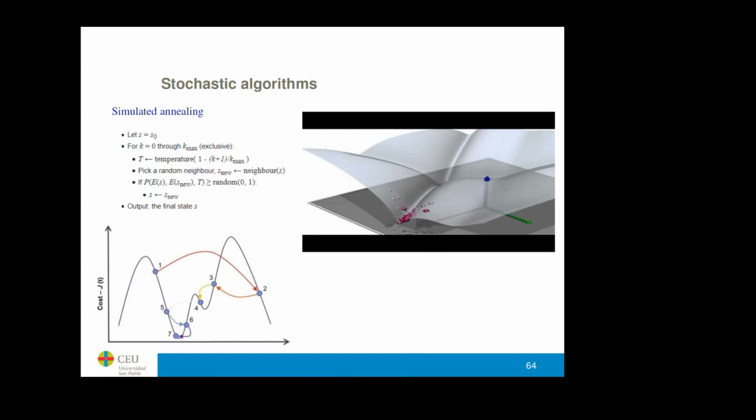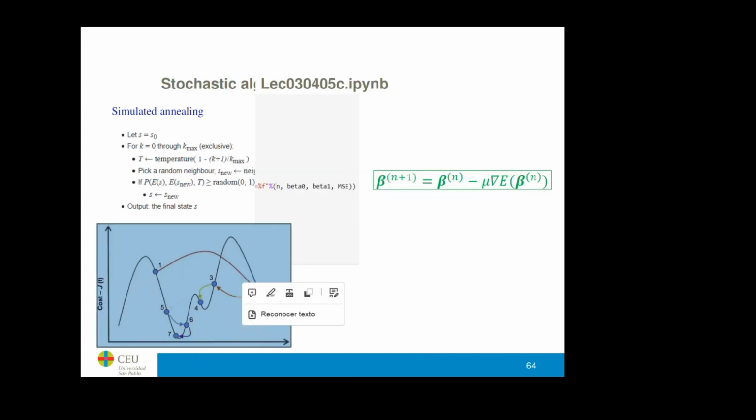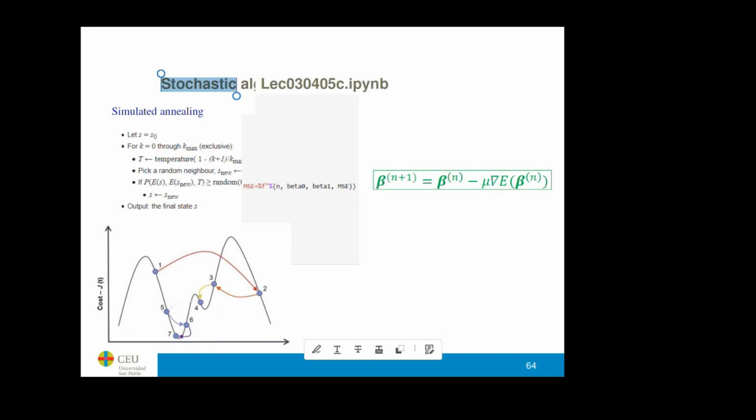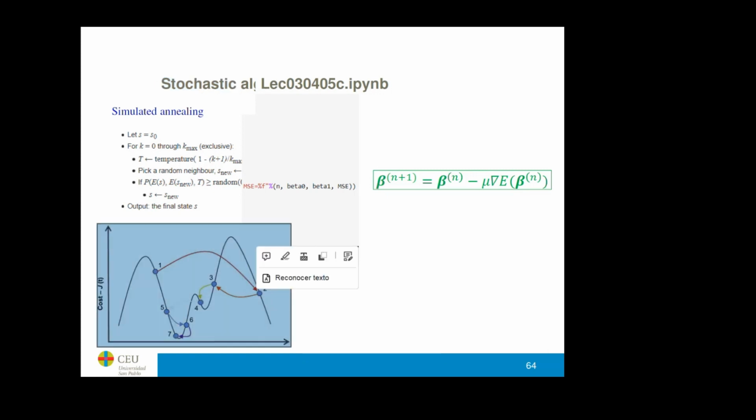So you're here, this is your value. Now I pick a random point in my neighborhood. Is it better than what I had? Yes, you keep it. Now you take another point in the neighborhood, say this one. Is the function better than before? No. Gradient descent wouldn't take it. Gradient descent says this is worse, so I stay where I am.